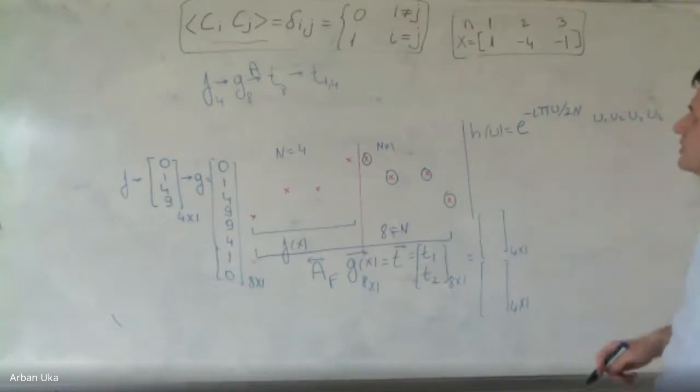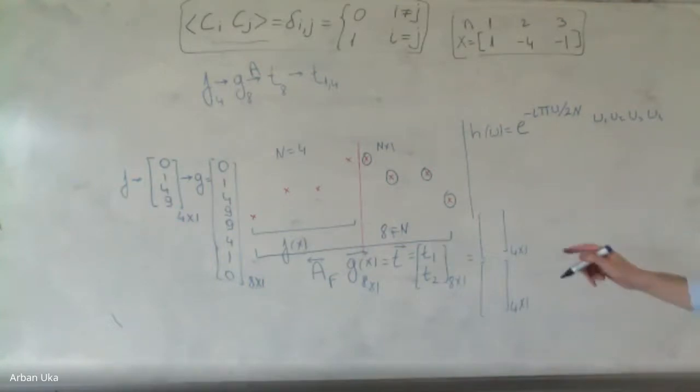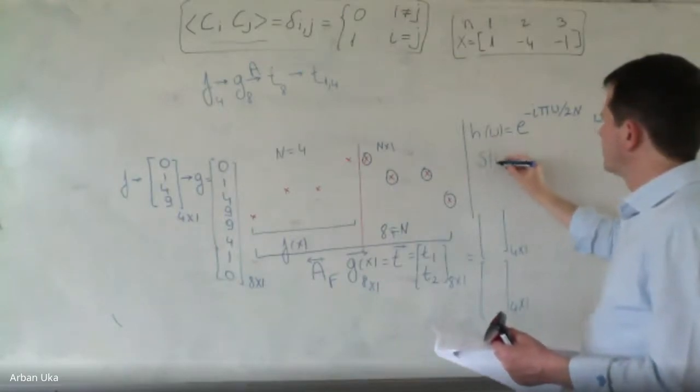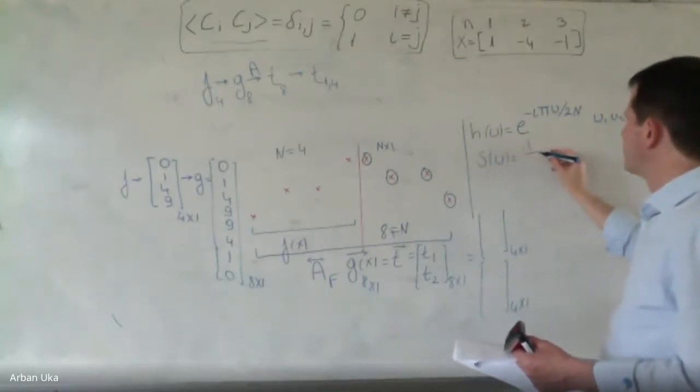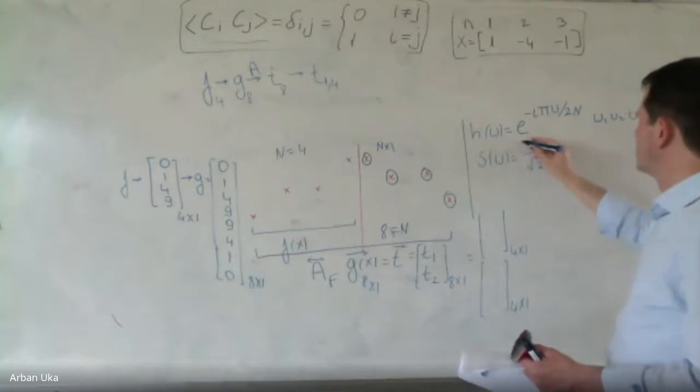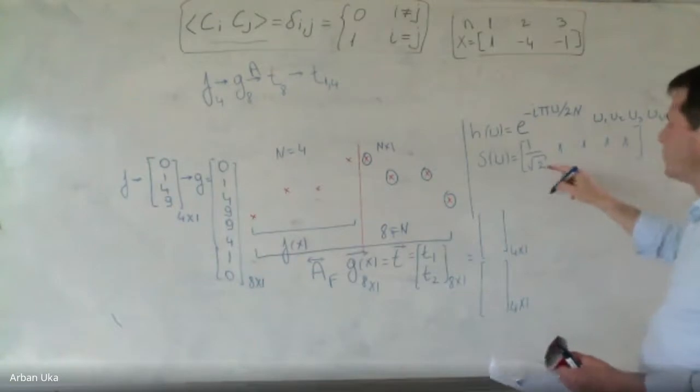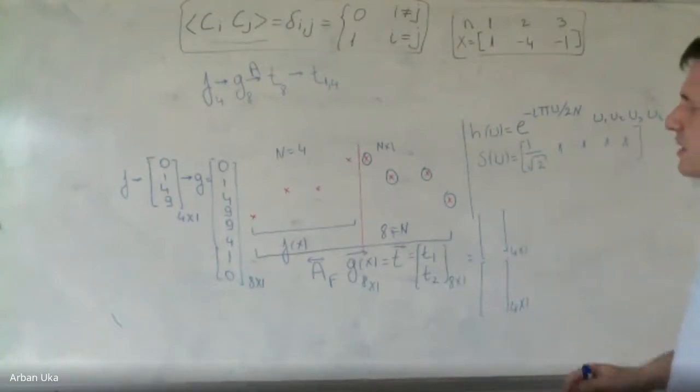Then we also have to multiply by a normalization factor, which is going to be 1 over square root of 2, and it's going to be a vector full of 1's. So we normalize only the very first element.